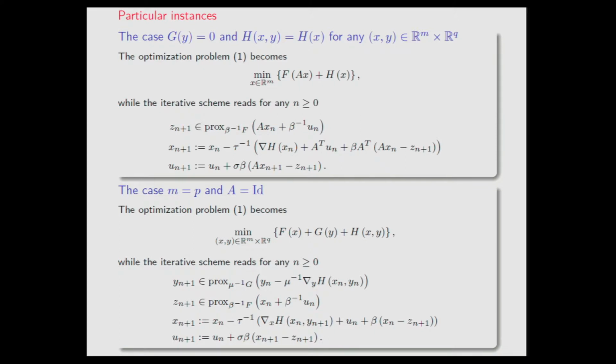The only thing is that in the very general case, we are not able to provide assumptions which guarantee that the sequence we get here is bounded. Okay, and this is why we have to work in this setting. I mean, this is an important step, yeah? Since we have here a composition and we have a full splitting scheme, but still we would like to have non-smooth plus non-smooth. Okay, and I will explain later why h smooth is important for boundedness.